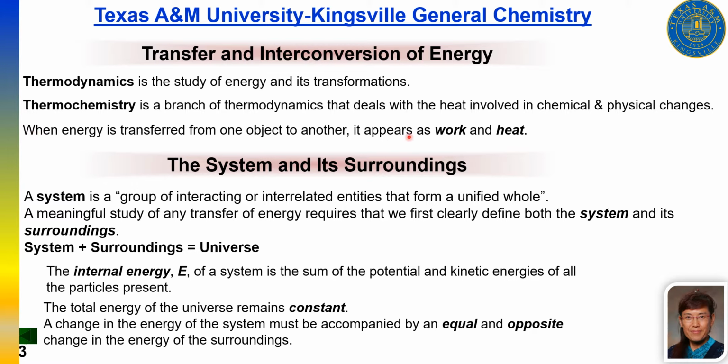Energy appears as work and heat during the transfer. There are another two important terminologies called system and its surrounding. The system is a group of interacting or interrelated entities that form a unified whole, so you call it system.